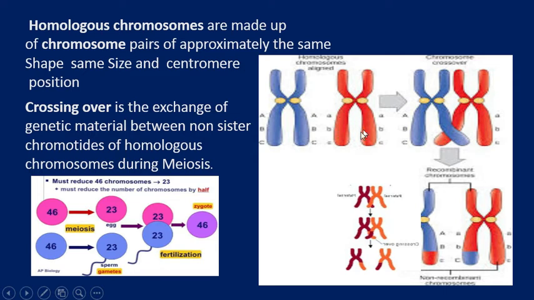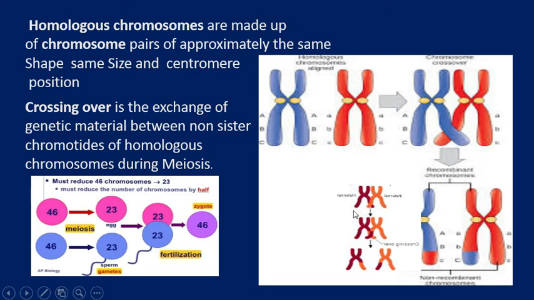These are the genes, and how they cross over, you can see here: this blue chromosome is combining with this red chromosome, or you can say chromatid, and their characteristics or genes are transmitted to each other.